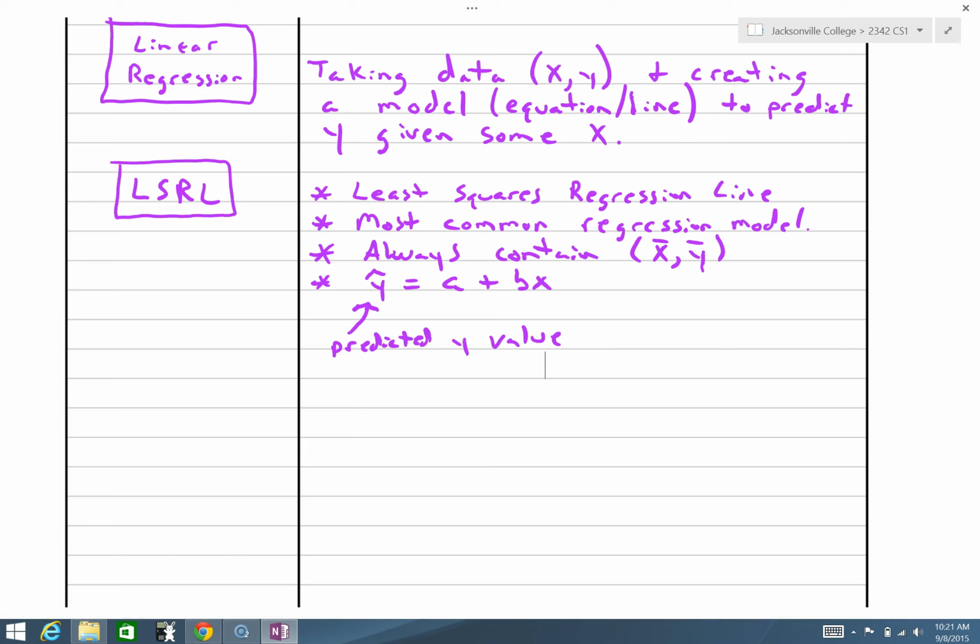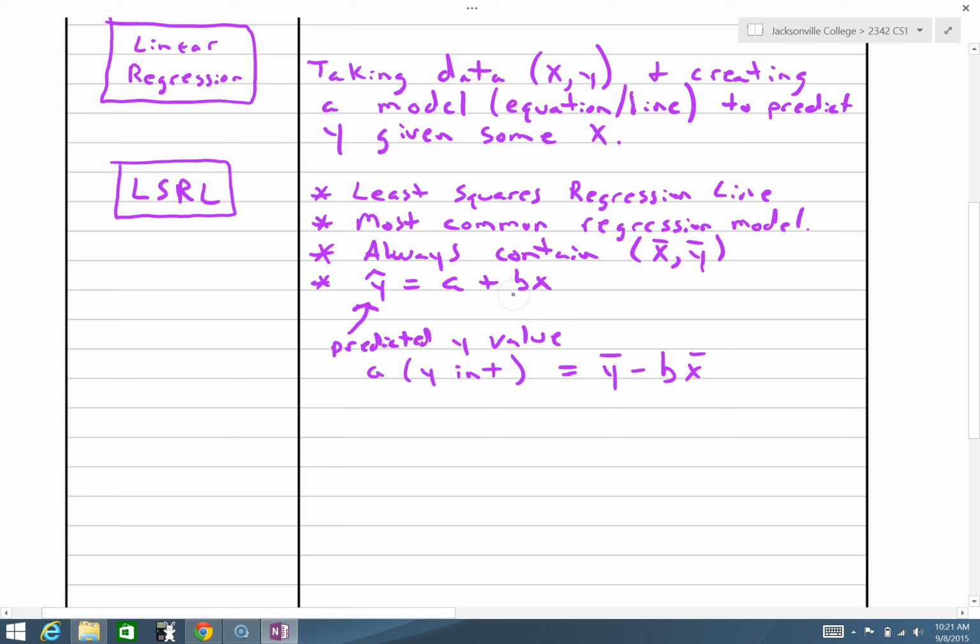A in this form, A is the y-intercept. You will be able to find A by taking y bar and subtracting off this b value, the slope, times x bar. So here you can see this x bar, y bar. A will be a function of the x bar, y bar, and this b value.